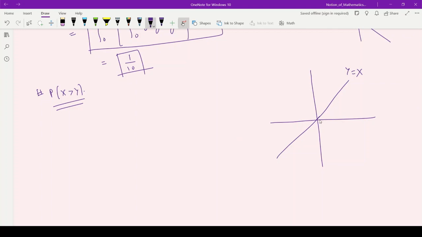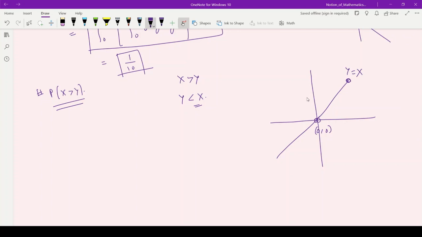If I say x is greater than y, we can write y is less than x. X is greater than y means y is less than x. So this is the line y equal to x. This is the point 0, 0.